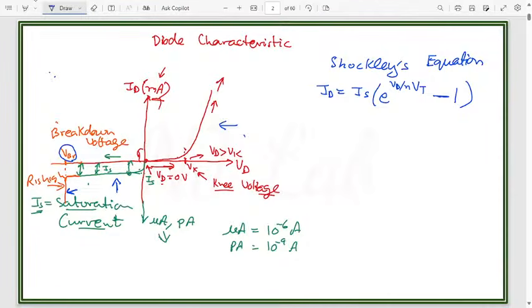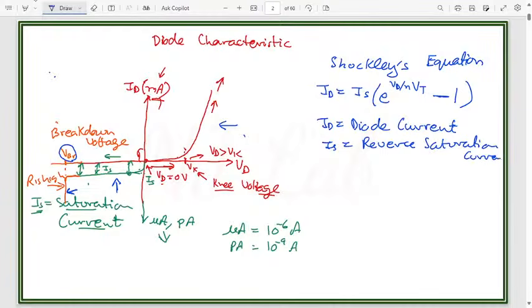Now over here, this ID is the diode current, meaning the current that is flowing through the diode. This IS is the reverse saturation current. This VD is the diode voltage.